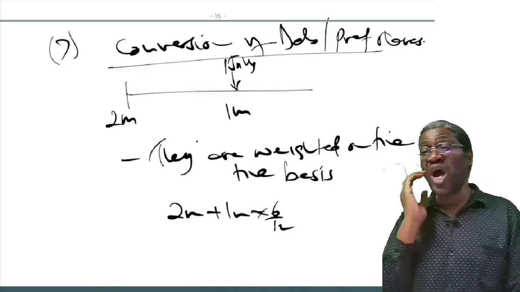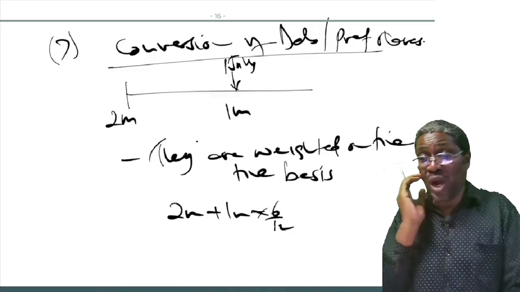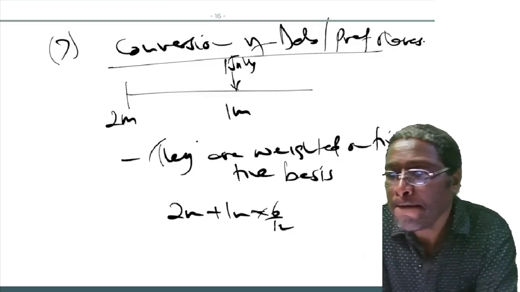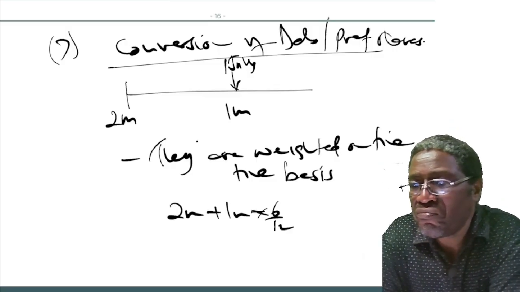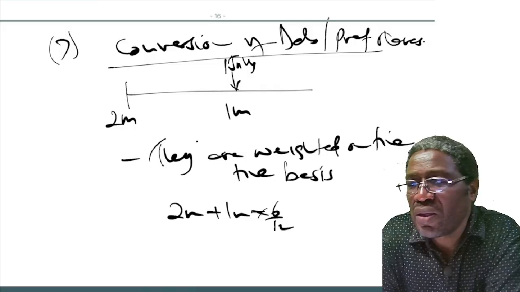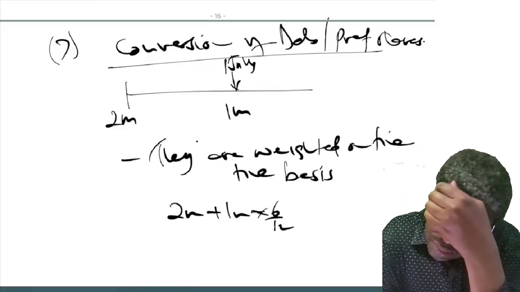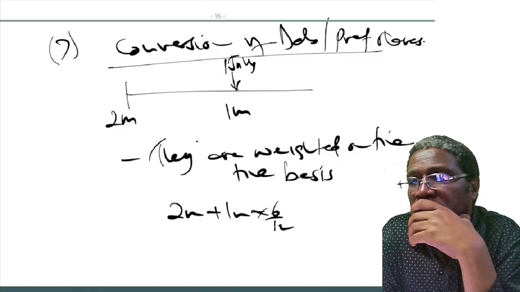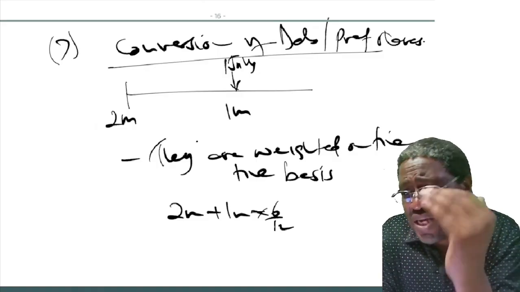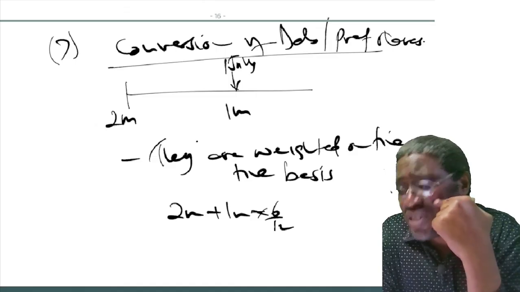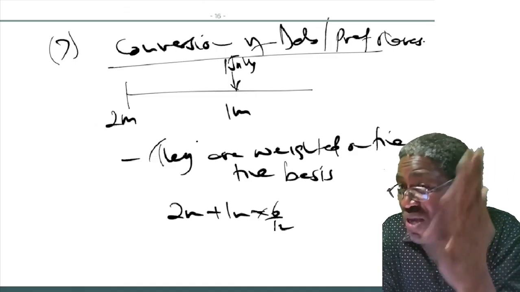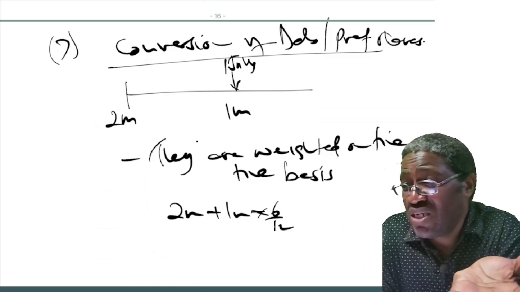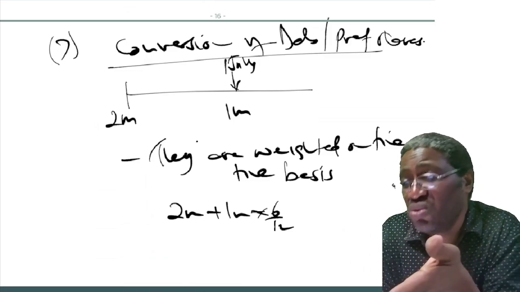Let me explain why we have to weight them. These guys have already been earning a return. Before they converted their debentures into ordinary shares, the debenture holders were already earning interest from January to June.